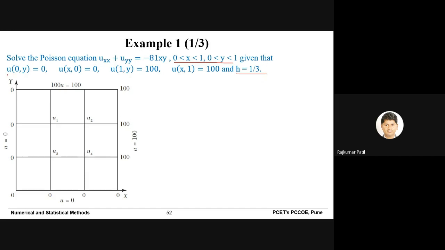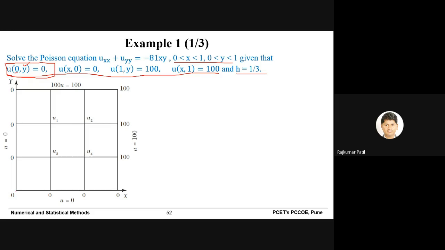Now what we will do, we will utilize again these 4 inputs to decide the boundary values. So let's start with u(0, y) equal to 0. This means for the value of u, when x is equal to 0, for all the values of y, the answer will be 0.